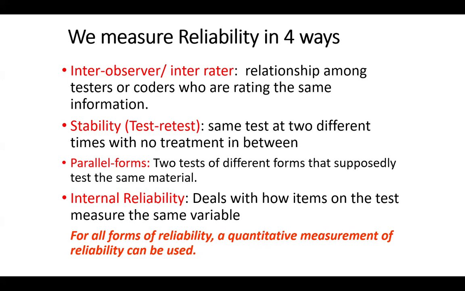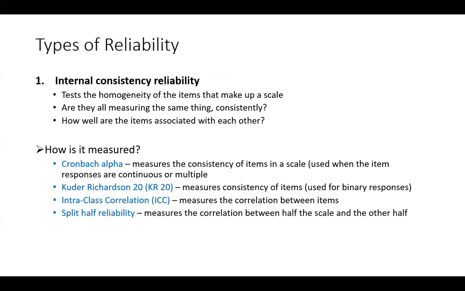And internal reliability deals with how much the items correlate with each other for the same variable. So how can I measure it? All the reliabilities have a statistical quantity, so I can measure them and see how good they are. We test the homogeneity of the items that make up the scale.